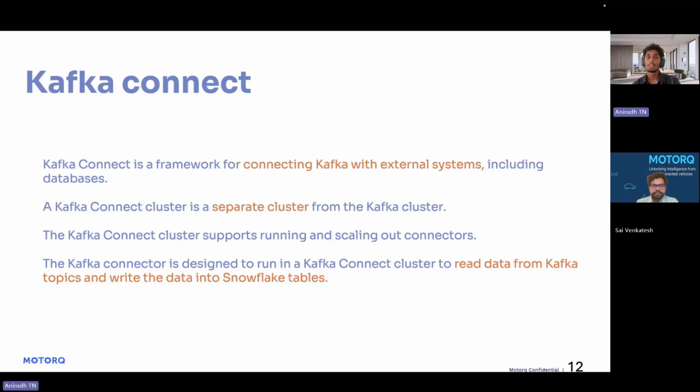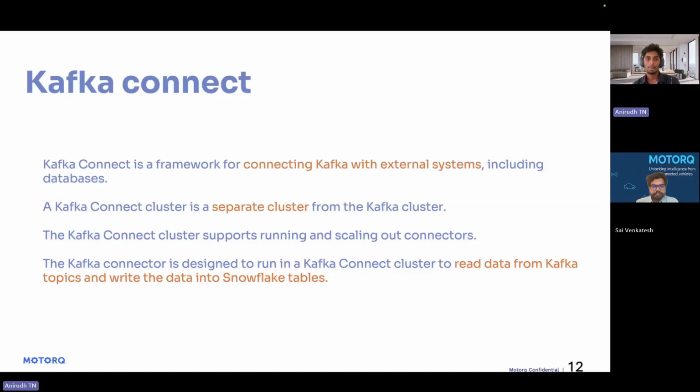Or at the same time, it can also help bring data to Kafka, like an outbox pattern where you consume the change feed of Postgres or some MongoDB, and you want to stream the data to a topic. This is a classic Kafka Connect use case as well. Kafka Connect has a separate cluster apart from the actual Kafka cluster as well. In essence, it connects to this cluster to get data from topics and stream into wherever your output is.